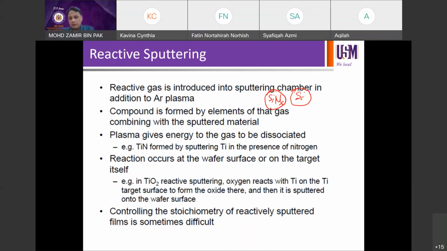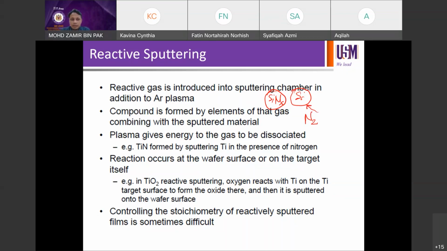Then at the same time you have to inject nitrogen gas into the chamber during the process. During the process, you're going to have a reaction between silicon and nitrogen, producing silicon nitride deposited on the substrate. So you can either deposit silicon nitride from the target, or from silicon plus nitrogen.